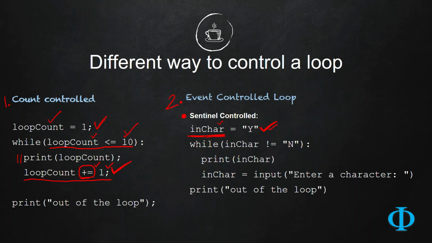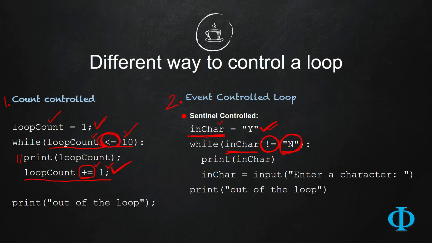The name is inchar. And then, instead of checking anything less than or greater than some number like in the count controlled loop, here it is basically checking whether the value of inchar is not equals some specific string. In our case, it is just n.